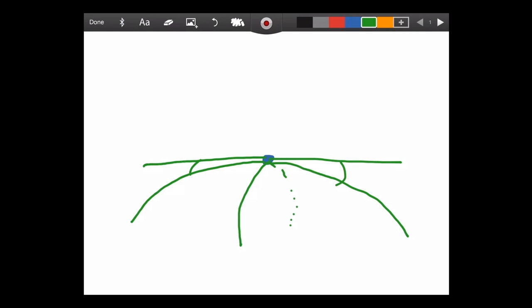Because it will be the same horizontal drop in all directions from any spot on Earth.